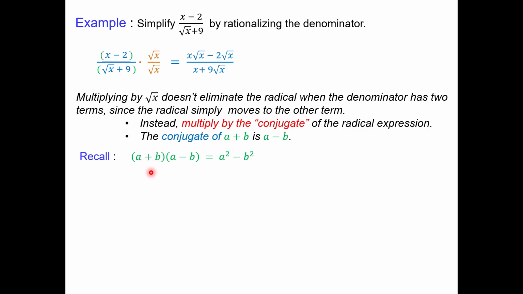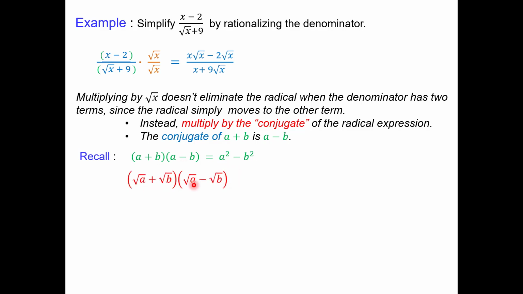And here's why. When you have a binomial or 2 terms like this, and then you multiply it by the conjugate of that expression, the terms in the middle go away. They actually add up to 0. So if you were to FOIL this out, the terms in the middle add up to 0. This is difference of squares.